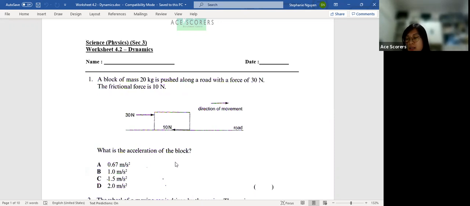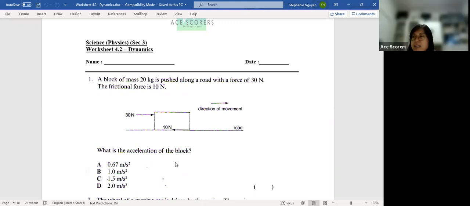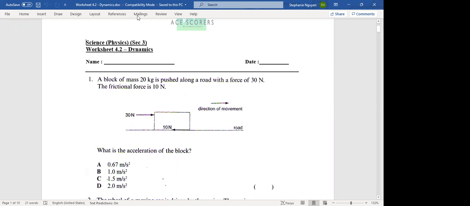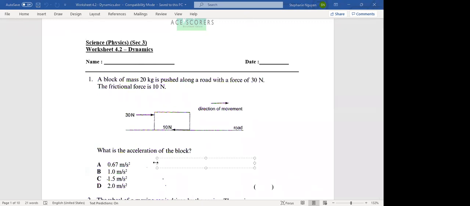Because 20 divided by 20 is 1. Does it make sense? B is the answer.